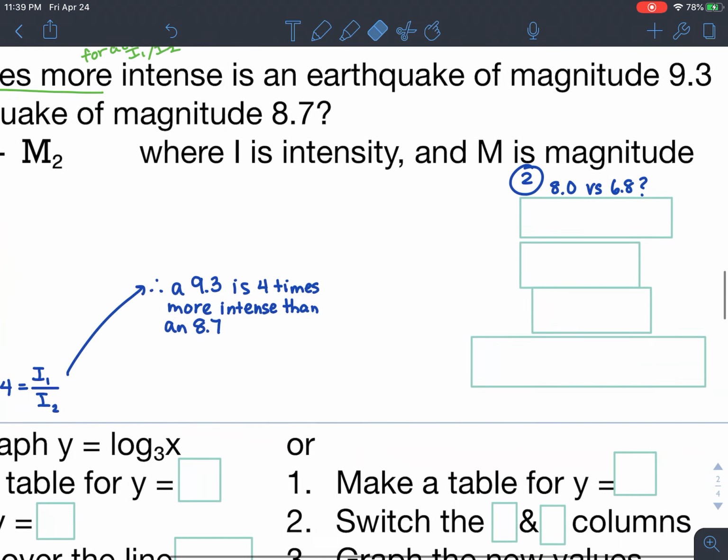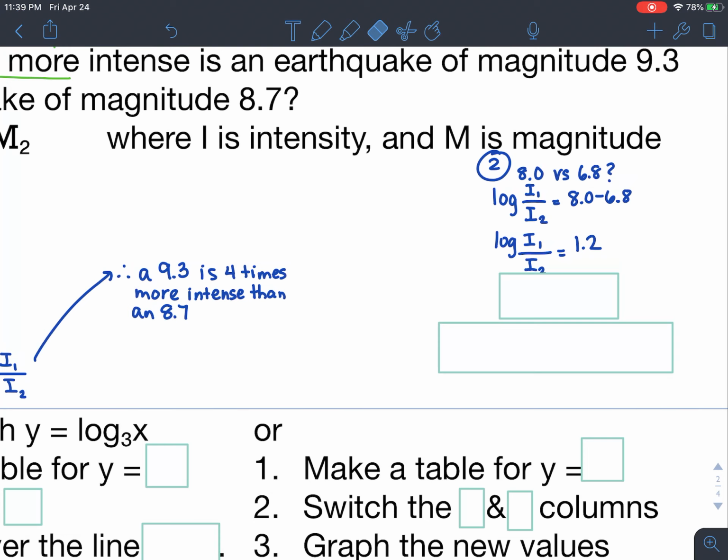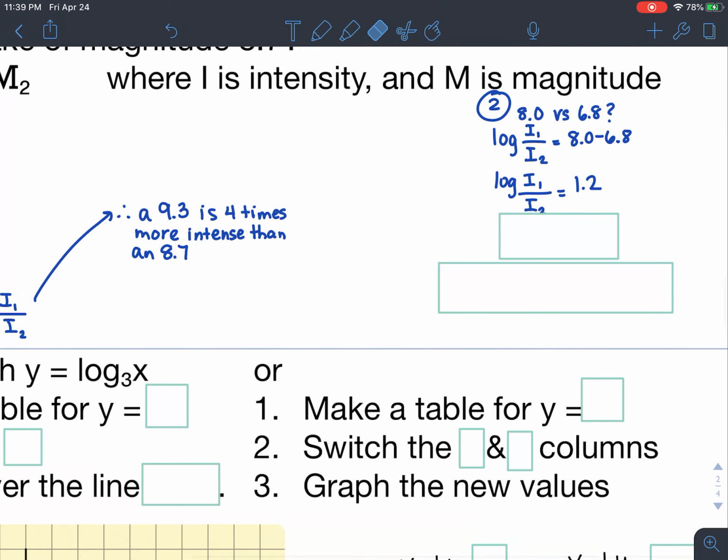So, okay, let's try another one. How about we try an 8.0 earthquake versus a 6.8 earthquake? Okay, so first you subtract the magnitudes, and we get 1.2. And then remember, the base on a log is 10. So we say 10 to the 1.2 equals I1 over I2. And we're not looking for I1 or I2 individually.